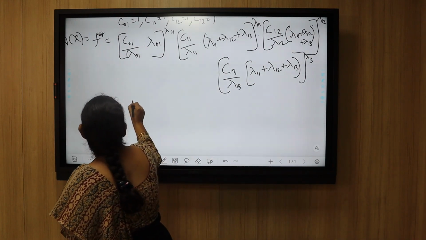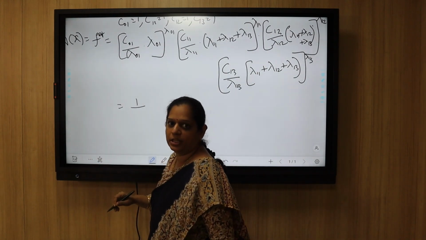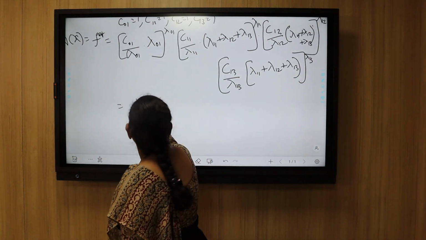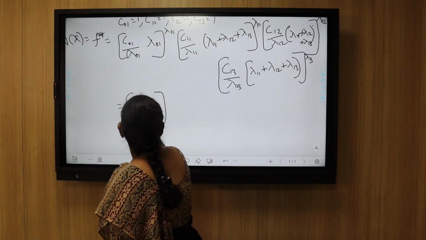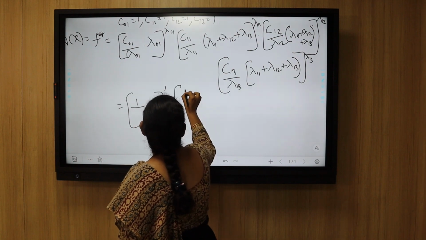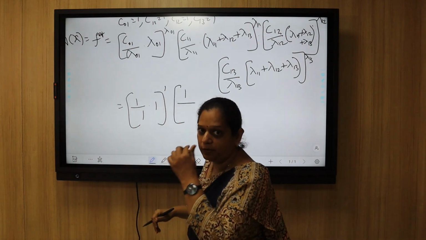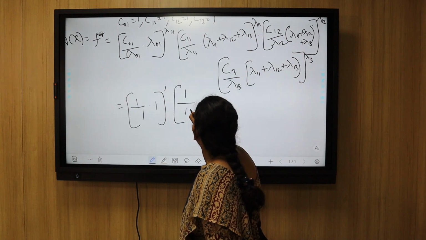We got the C01 value as 1, lambda 01 value as 1, into 1 whole to the power of 1. Then C11 value as 1 and lambda 11 value as 1 by 3.